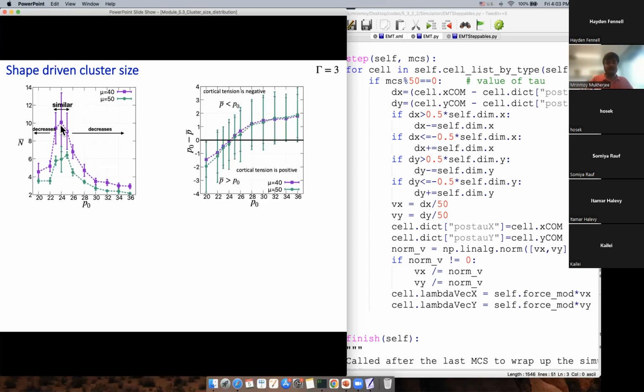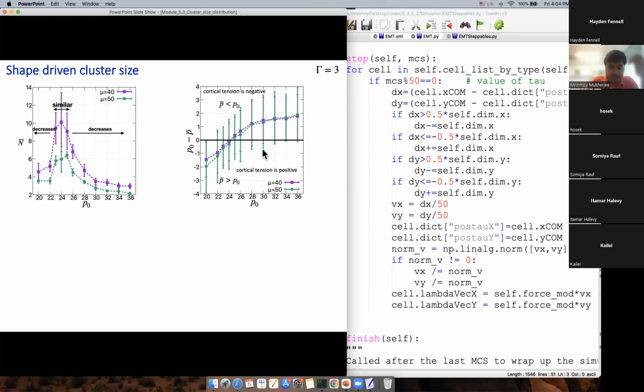This can be explained by the cortical tension scenario. If we calculate the difference between the target parameter and the average parameter, we get this kind of curve. Around say 24 or 25, the cell can attain its shape, meaning this difference is 0. For greater than 0 and for less than 0, the cell can't attain its shape. Here the average perimeter we get is less than the target perimeter, so the cortical tension is negative.